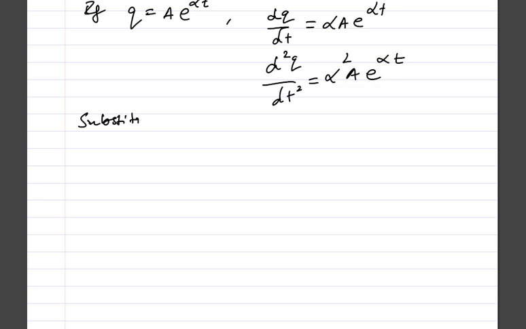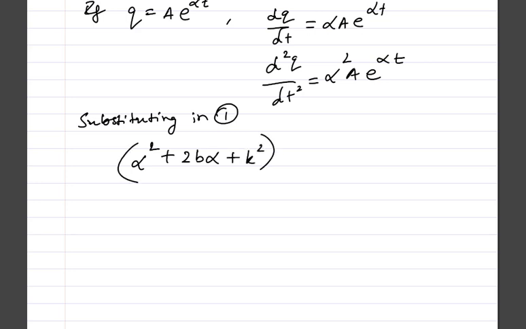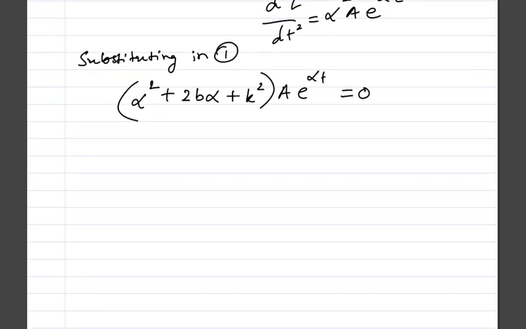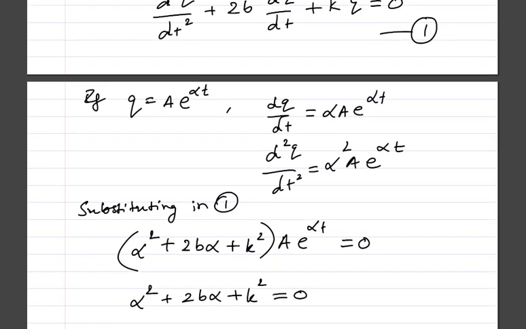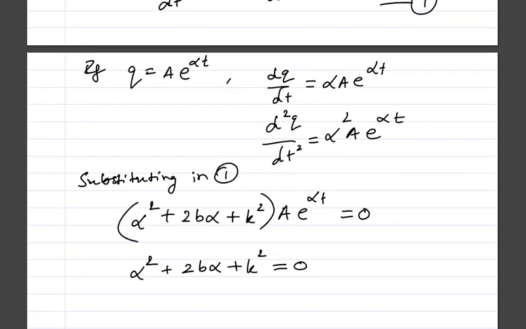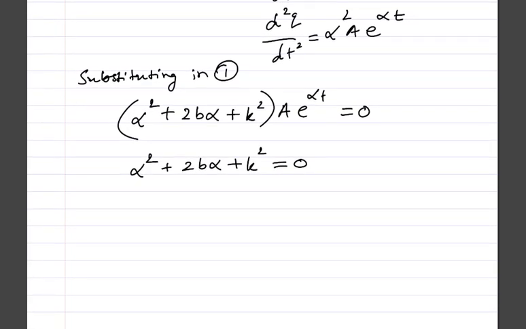Substituting in 1, what we obtain is alpha squared plus 2b alpha plus k squared, into A e to the power alpha t, is equal to 0. A cannot be 0 because we have defined A as an amplitude, and e to the power alpha t also cannot be 0.